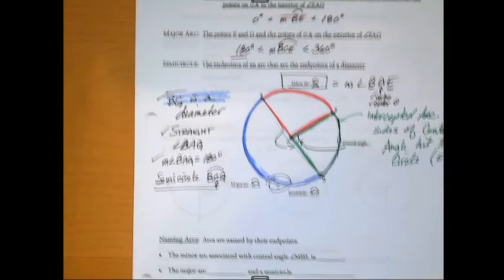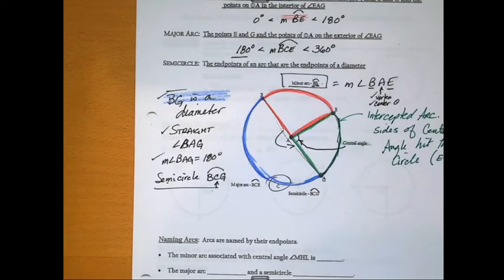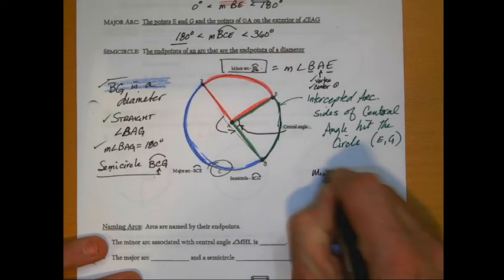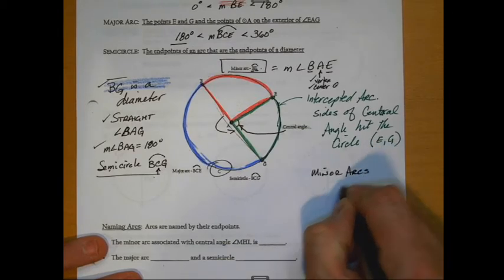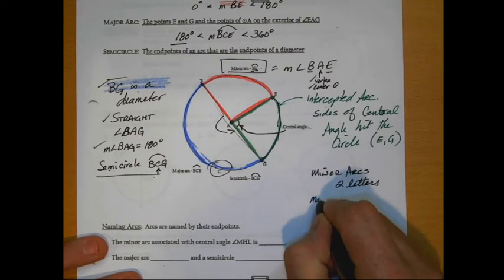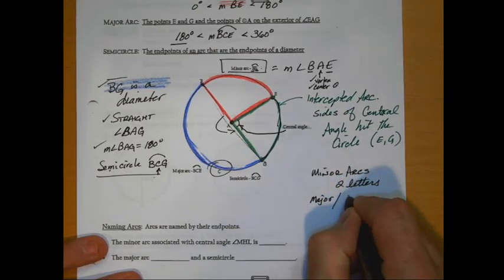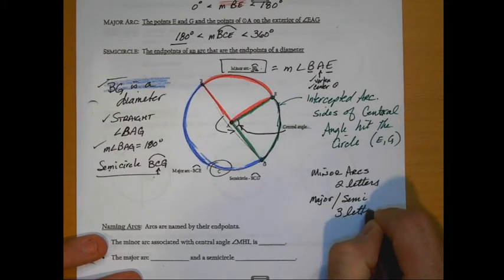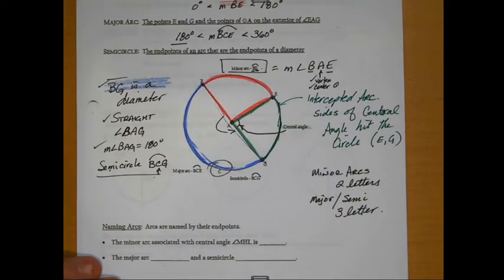Now, I said in the other video, if you're paying attention, minor arcs have 2 letters. Major arcs and semicircles have 3 letters. You need to name that other point that goes along the arc.